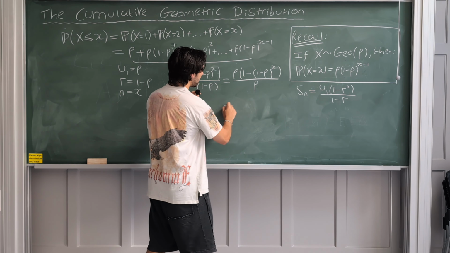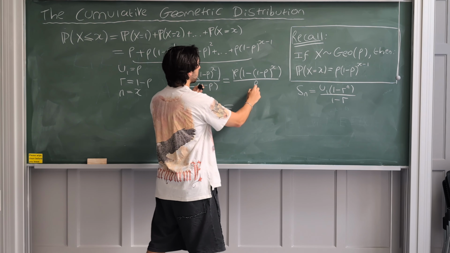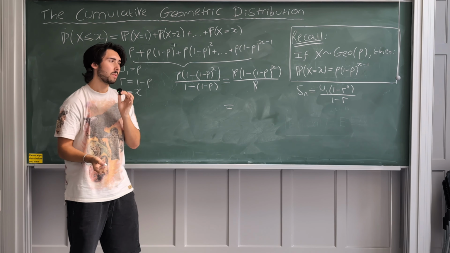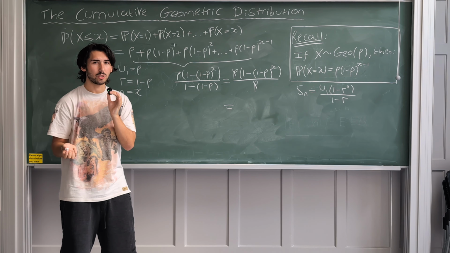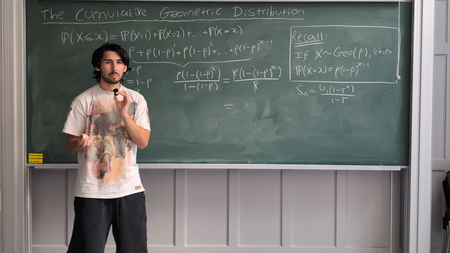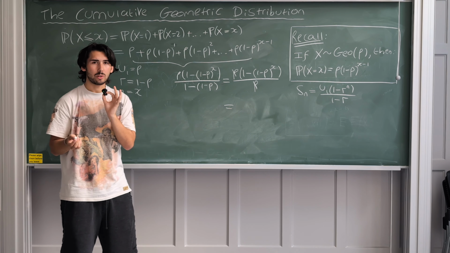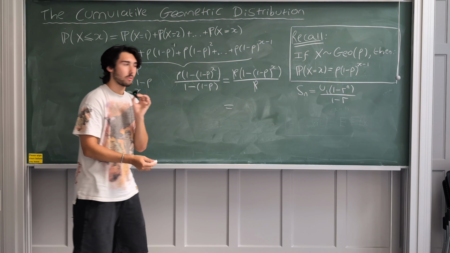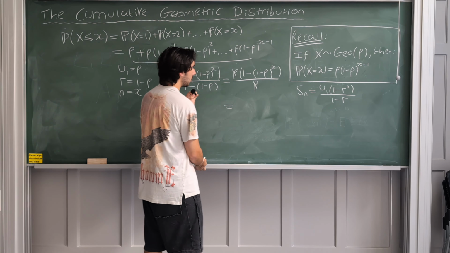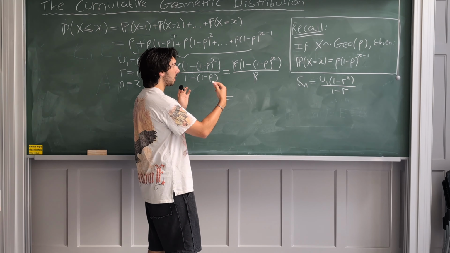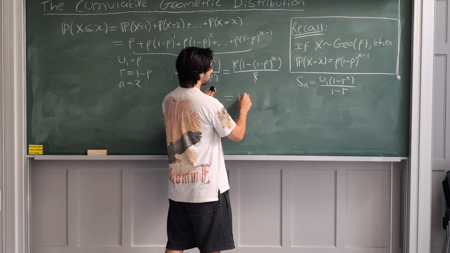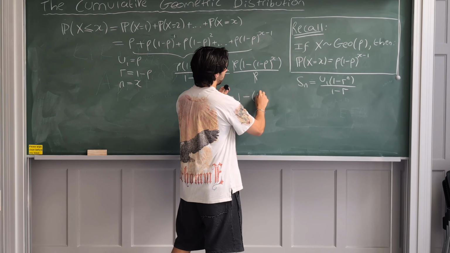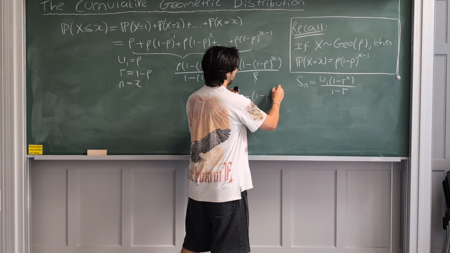And then the p's cancel out, assuming that p is not 0. It's not going to be 0 because that's not even a probabilistic situation anymore. If the probability of something happening is 0, then you're not talking about probability anymore because it's just deterministically not going to happen. So p is not going to be 0, so we can divide both top and bottom by it. And we end up getting our final thing, which is 1 minus (1 minus p) to the power of x.